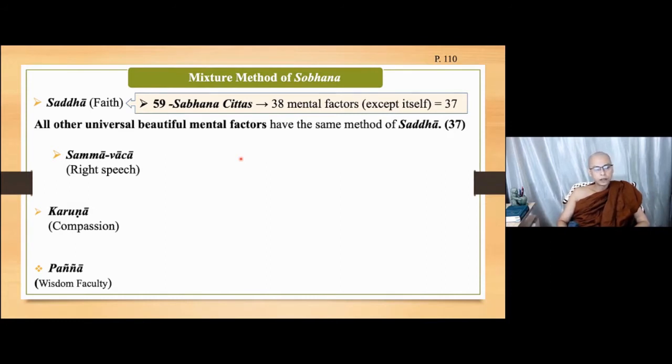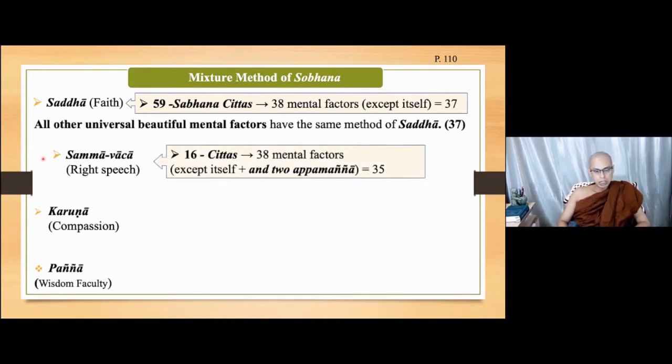Then for the abstinence group, Samma Vacha, right speech, 16 Chitta, so 38 mental factors. The 16 Chitta are the great wholesome eight and supramundane eight, altogether 16. So 38, because the great wholesome has the larger number of mental factors.